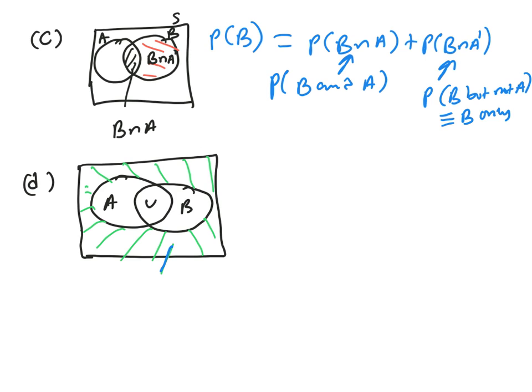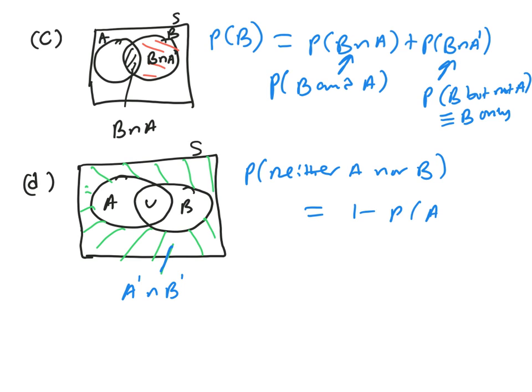This other part is A complement intersection B complement. That's where the outside of A intersects the outside of B. So if we are to write P of neither A nor B, it is the same thing as 1 minus the probability of A or B, okay?